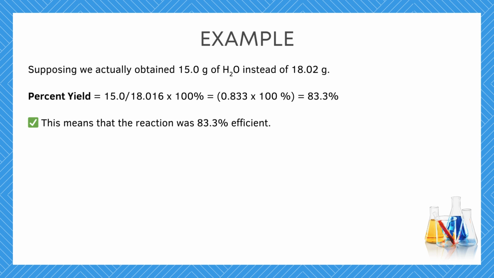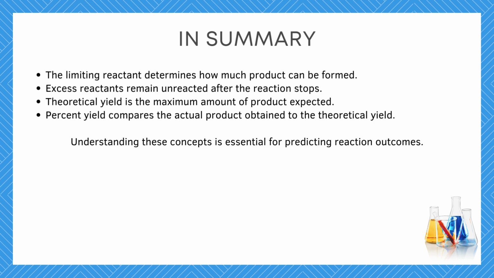Simple. We divide the actual yield by the theoretical yield. Actual yield is 15, so we say 15 divided by the theoretical yield, which is 18.016, multiplied by 100%. That gives us 0.833 times 100. That is 83.3%. That tells us that the reaction was 83.3% efficient.